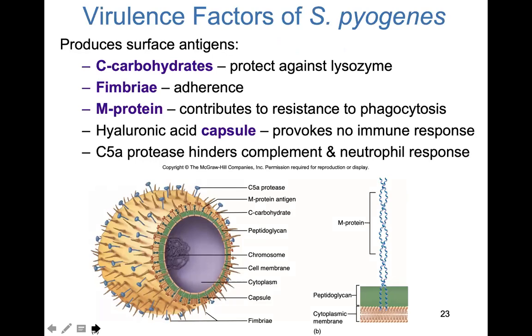So here are some virulence factors. All right, so virulence factors, when we talk about these, and I'll bring it up over and over again, these are specific things that are unique to this genus or species of a microbe that makes it different and gives it some kind of advantage over other strep or other bacteria. All right, so these produce surface antigens.